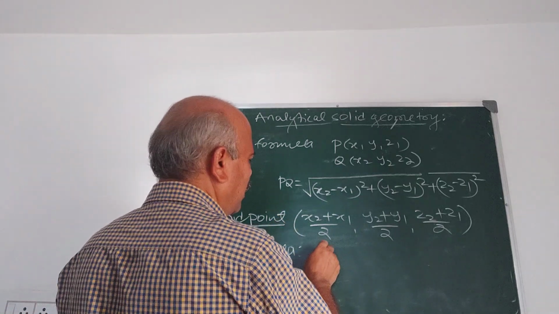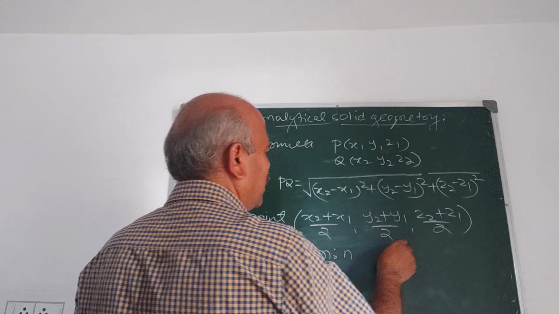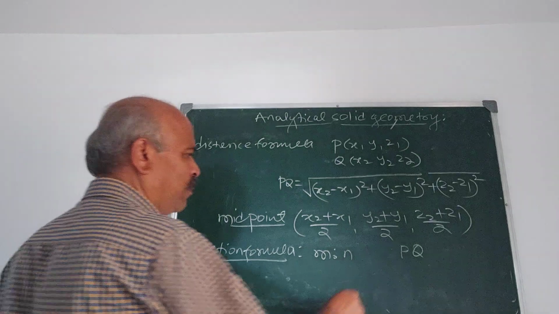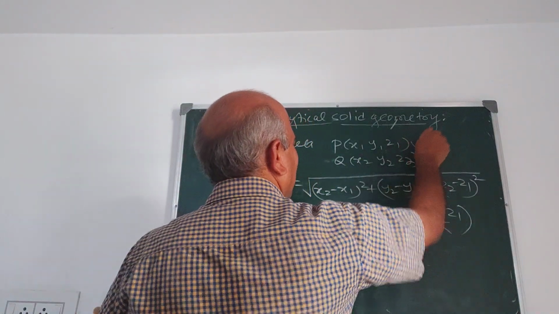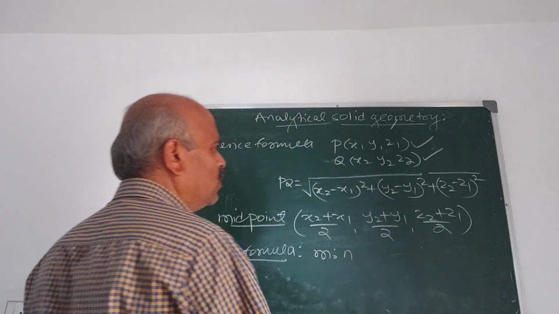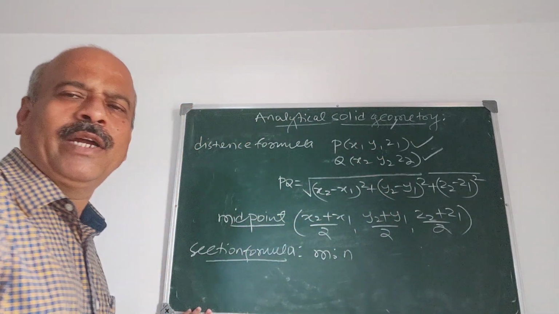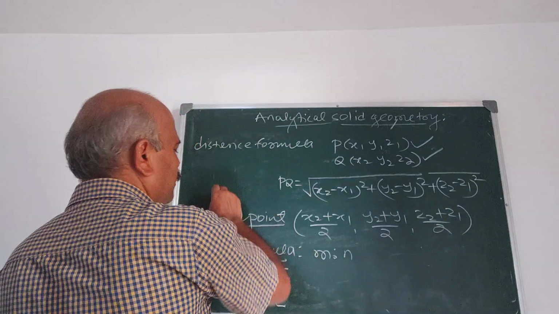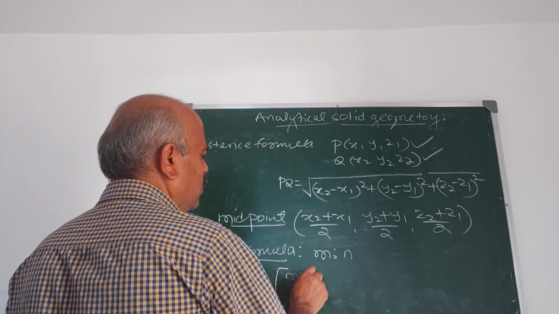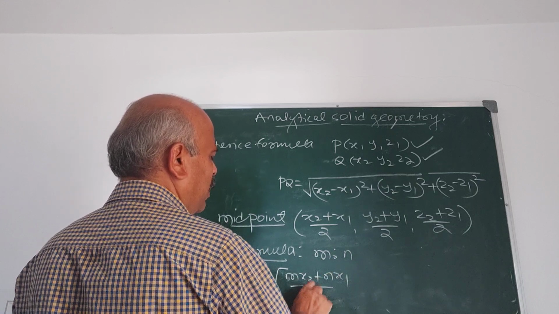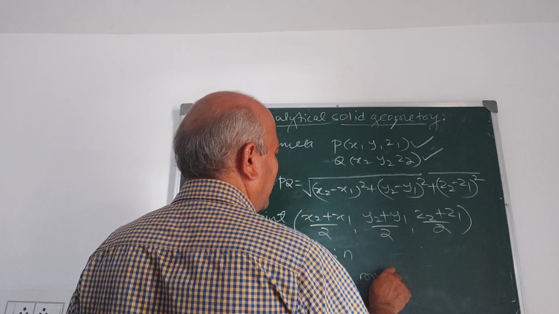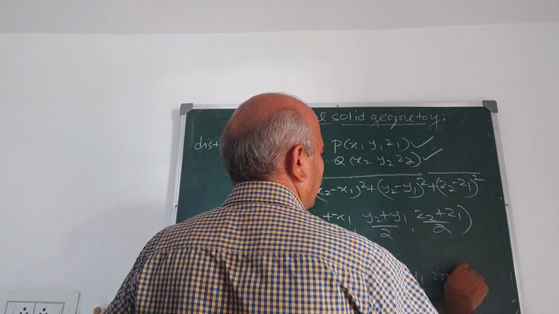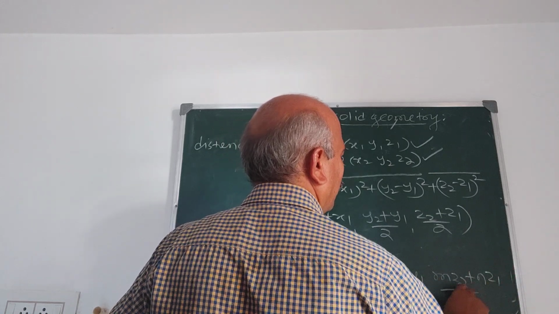What is the section formula? Suppose a line segment joining PQ is divided in the ratio m is to n. P is (x1, y1, z1), Q is (x2, y2, z2). Then the coordinates of that point are given by (mx2 plus nx1) by (m plus n), (my2 plus ny1) upon (m plus n), (mz2 plus nz1) upon (m plus n).